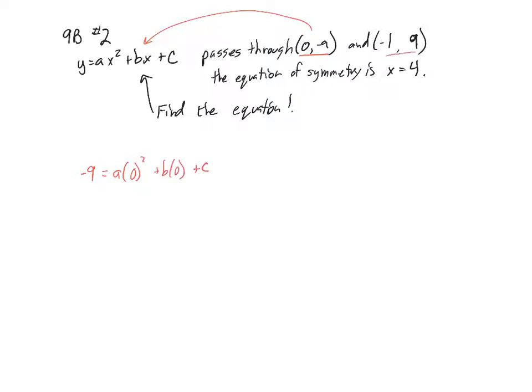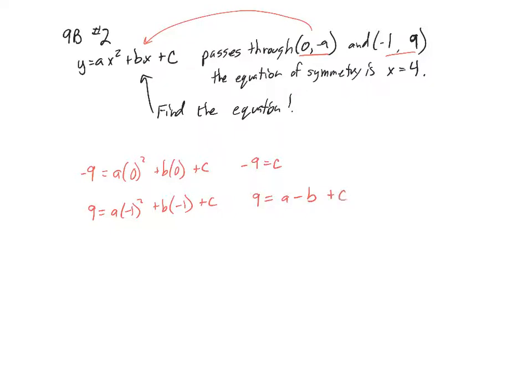And then you could do the same thing with the -1, 9, and you could say 9 equals a times -1 squared plus b times -1 plus c. You simplify those two, and we'd have -9 equals c, and we'd have 9 equals a minus b plus c, sorry, plus c.